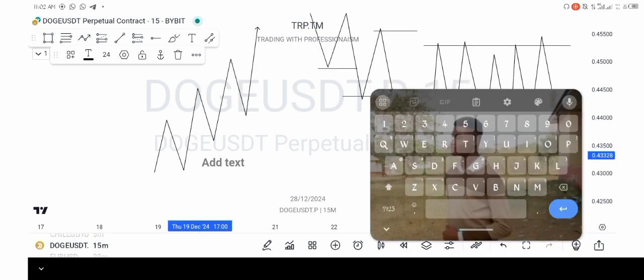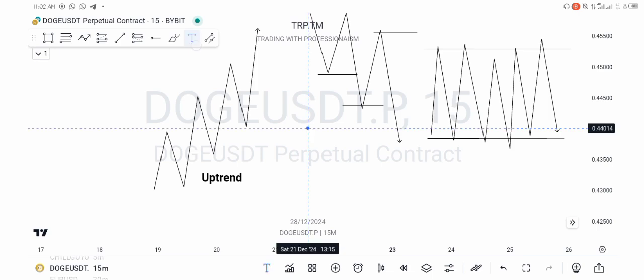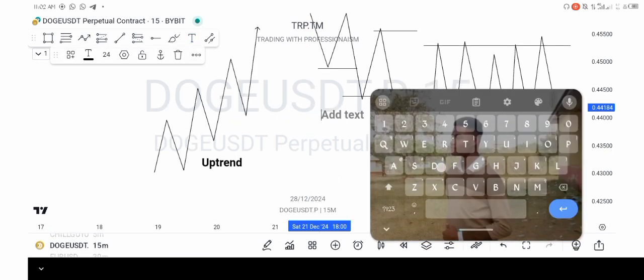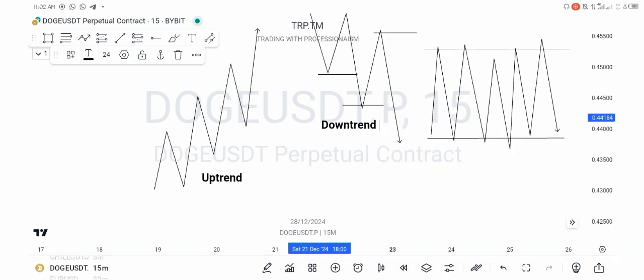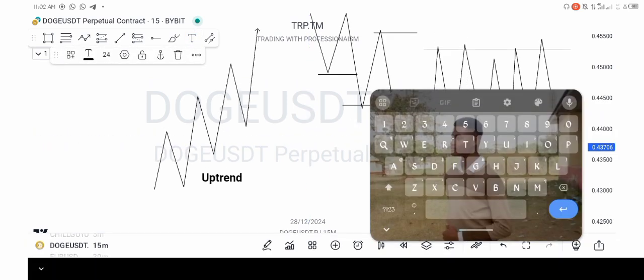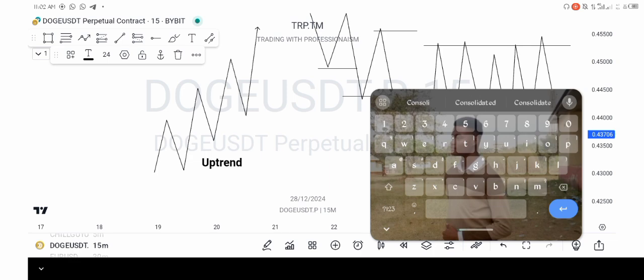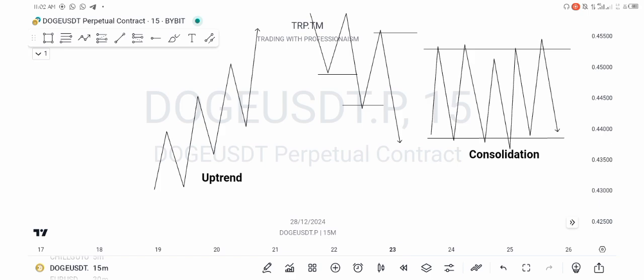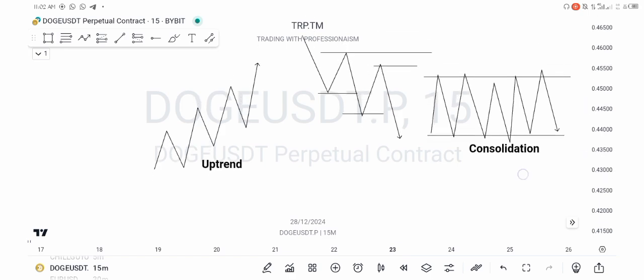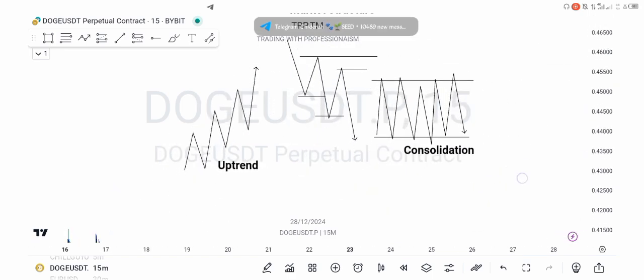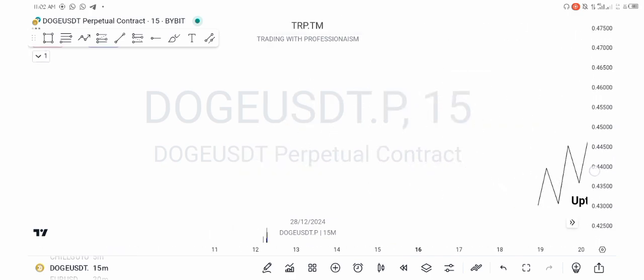This is the uptrend, this is the downtrend, and this is a consolidation. Yeah, so that's it about trends.